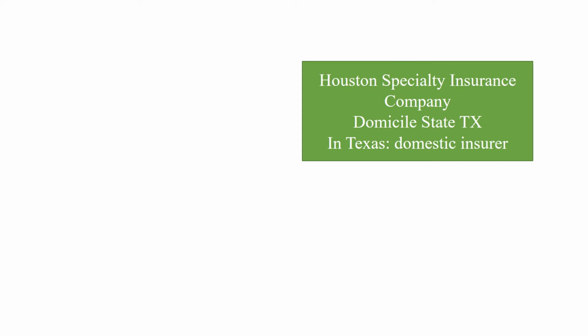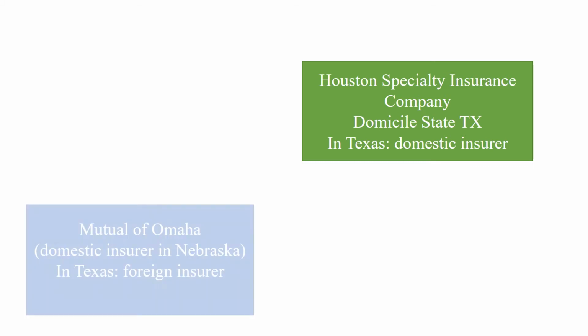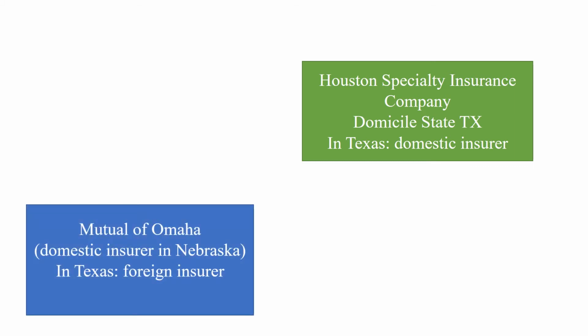An out-of-state insurer can also do business in the state if this insurer is licensed. An out-of-state insurer means this insurer is chartered by another state. For example, Mutual of Omaha, its domicile state is Nebraska.